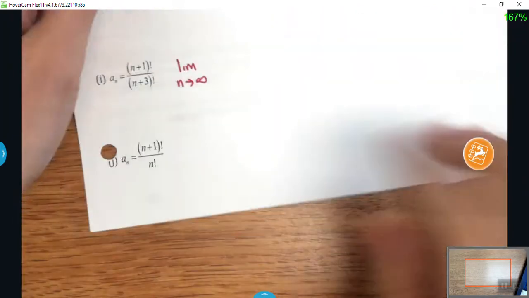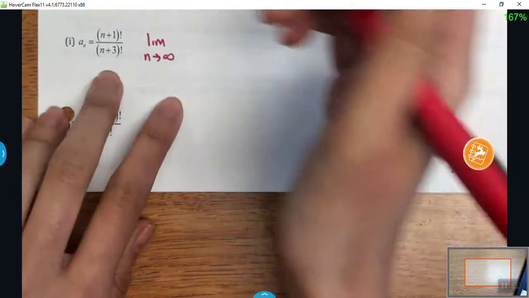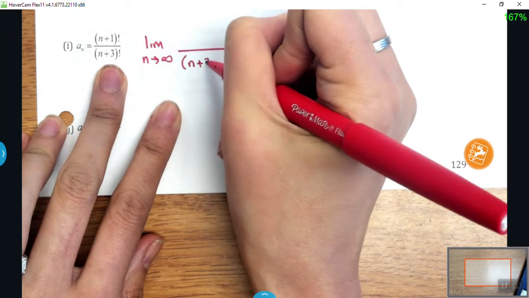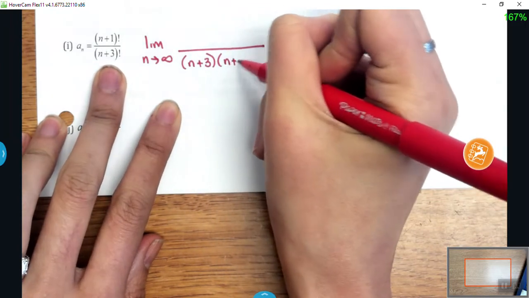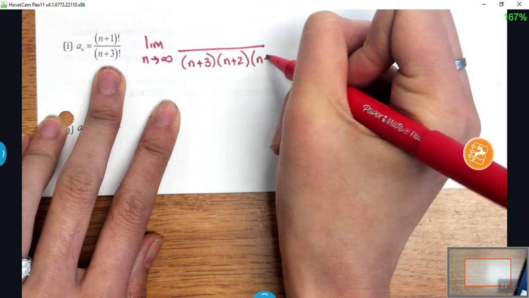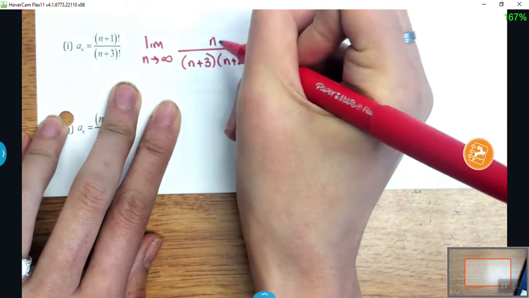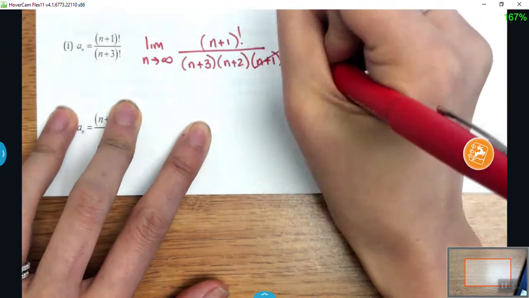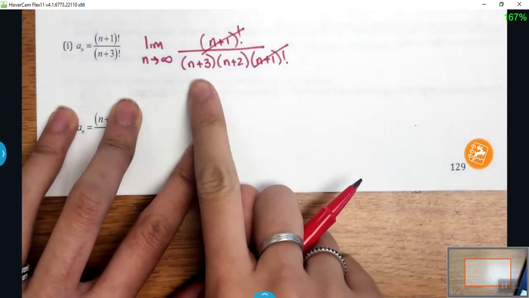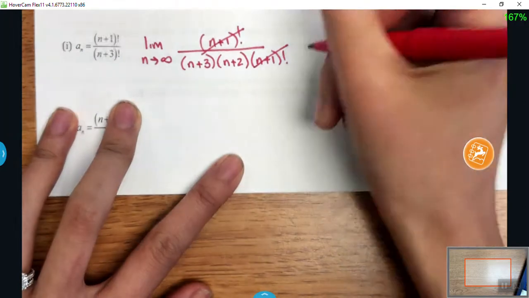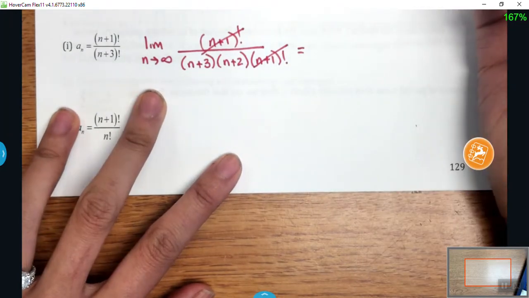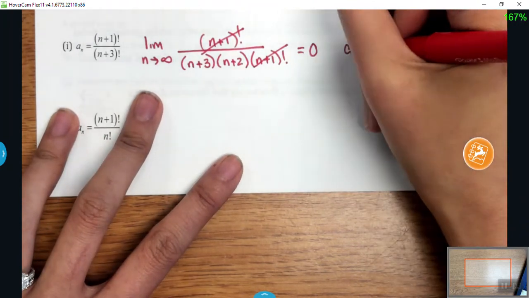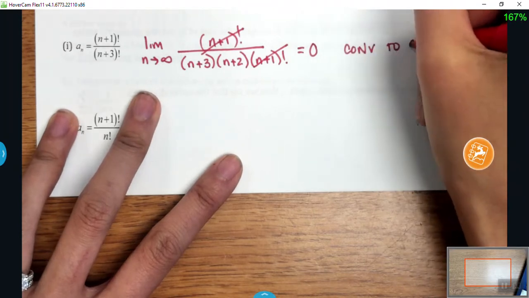So we're going to split the bigger one, the n plus 3 factorial, into n plus 3 times n plus 2 times n plus 1 factorial. I'll stop at n plus 1 factorial, and then you can cancel. If I plug in infinity, it goes to 1 over infinity, which is 0. So we can say this converges to 0.